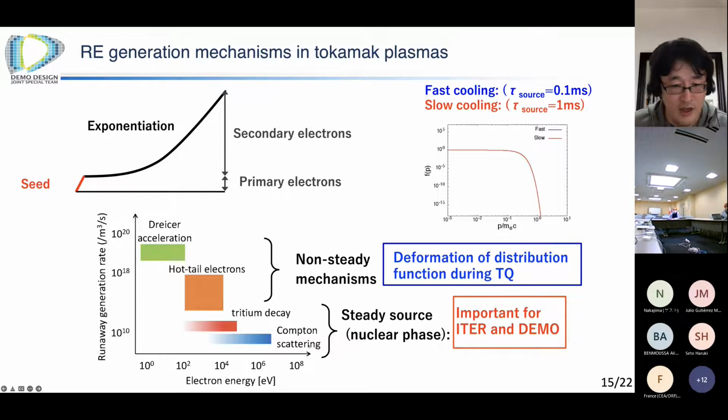For these seeds, the number of electrons generated by these mechanisms is very small, but because of the huge avalanche gain expected in ITER and DEMO, such a seed can be a problem to trigger the runaway electron beam during the disruption. And in principle, this seed is difficult to eliminate. So we have to always be very careful about runaway electron beams in future devices as compared to the existing devices.